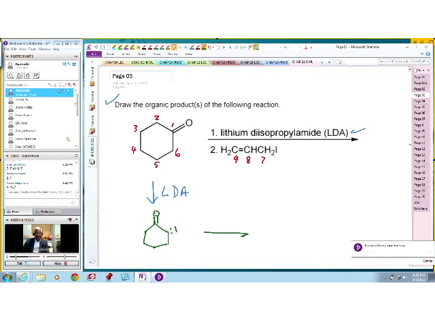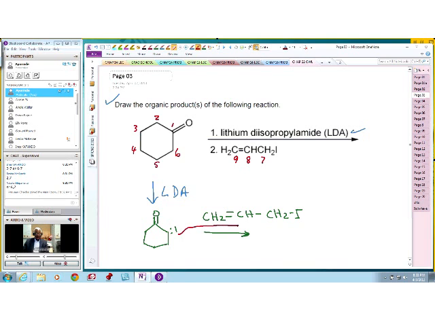Once you form the enolate anion, then the alkylating agent comes in, which is this here. You see here, the iodine, which is a good leaving group, is attached to a primary carbon, which is an sp3 carbon, right here. So then what happens?